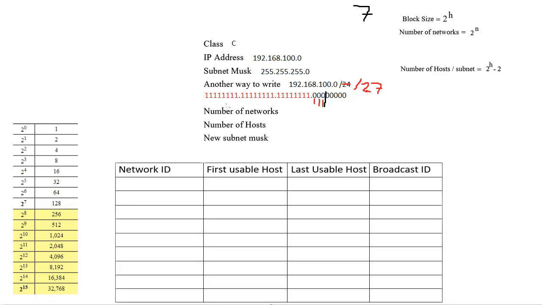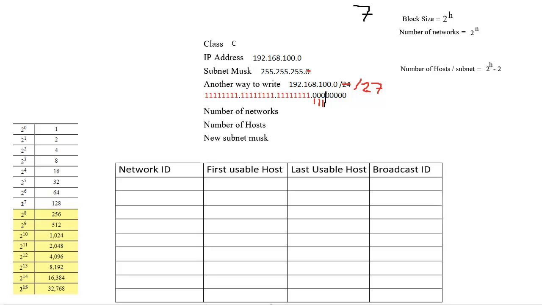And this subnet mask will be changed as well. These 8 ones give us 255, and these 8 give us 255, and these 8 give us 255. But in here it's not 0 anymore because this has been changed. So this value is 128 and this 64 and this 32. If we add these 3 bits' values together, they will be 224.